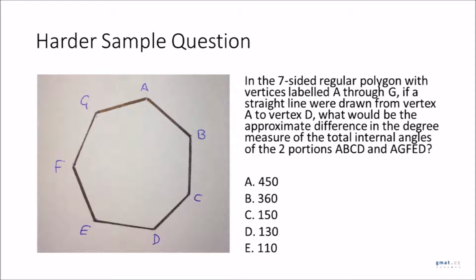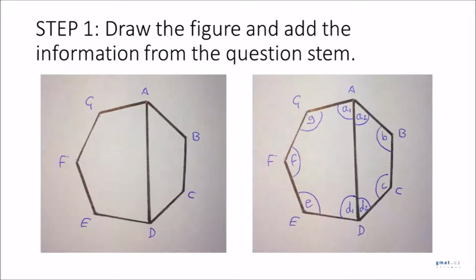Now I'm going to apply that information to the diagram, and as you can see we have two shapes here. On the left hand side, I've drawn the line as indicated from the question, and what I then decided to do was draw the internal angles as lowercase letters of those vertices, A through G. You might also notice that on either side of the line we have two angles at those two vertices A and D. The internal angles A2 and A1, and the internal angles D1 and D2.